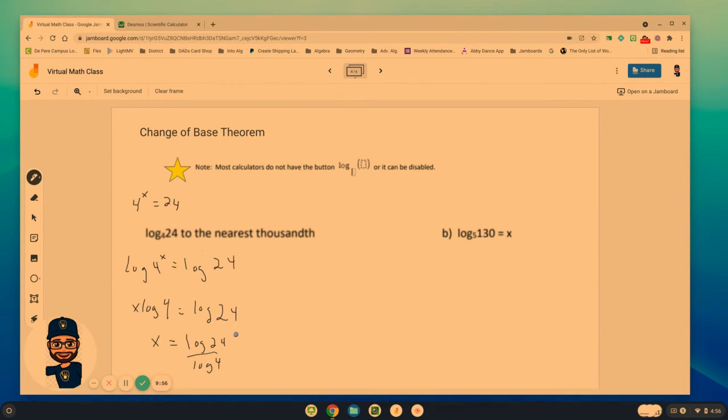Notice this right here is very similar to this right there. If we have a problem where they're just asking us to evaluate the log of some base to another number, we can use what we call the change of base theorem and say the log of that whole number over the log of the base, which is what we showed in these steps here.